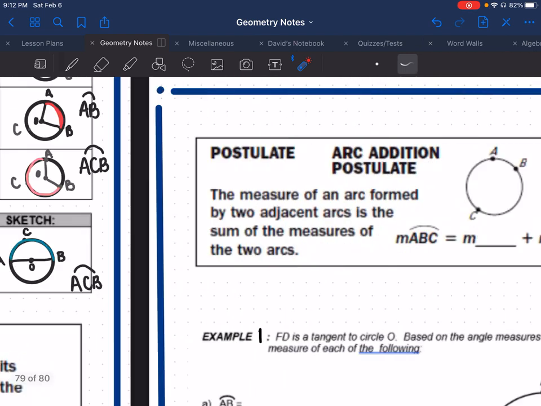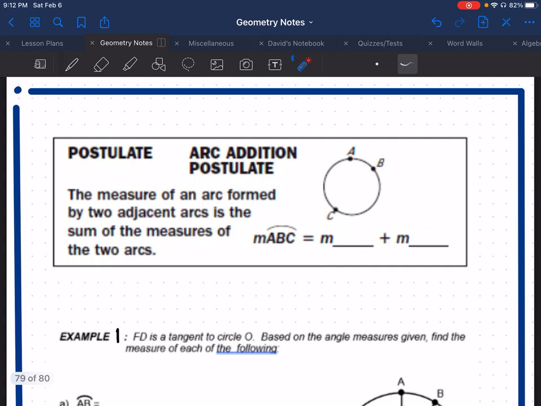All right, we have one more postulate that we need to look at before we look at our two examples today, and this is my arc addition postulate. This is just a rule about how I can add arcs in a circle. The measure of an arc formed by two adjacent arcs is the sum of the measures of the two arcs.